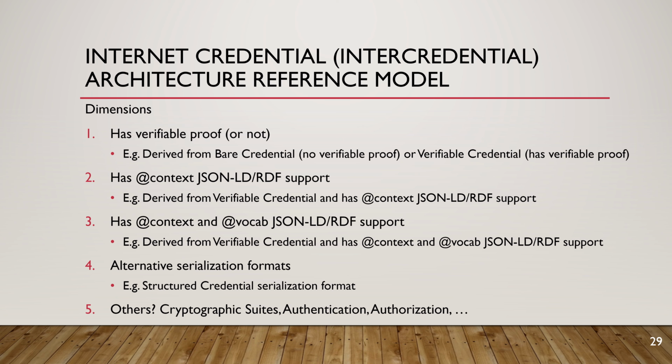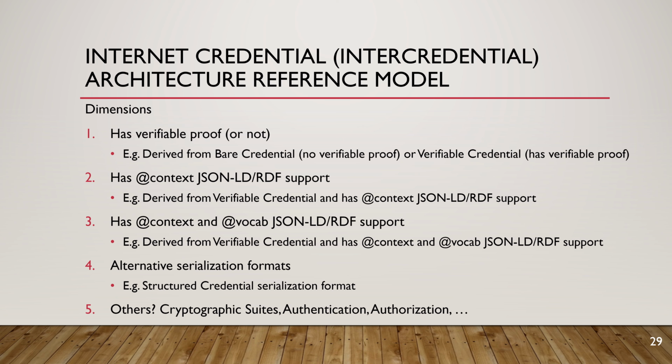At the top of the vertical axis, we have the VC profile, which is a verifiable credential. It's a bare credential that has a verifiable proof. Going from the VC profile one step to the right, we have the VDLC1 profile, and that's a verifiable credential with only the @context JSON-LD RDF extension.